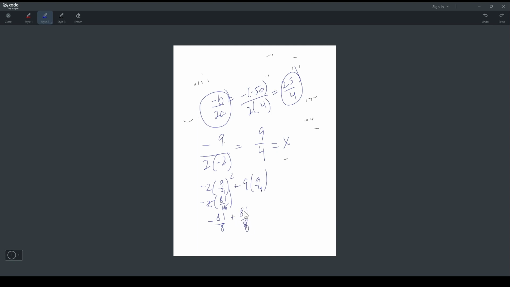This becomes 8, it's been doubled. So 162 minus 81 is 81 over 8, times this by 2, 81 over 4. I think so. Yeah.